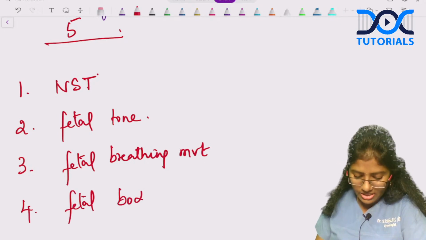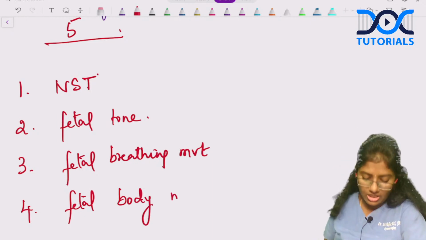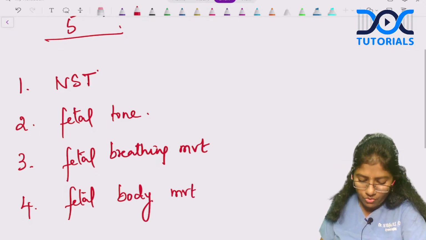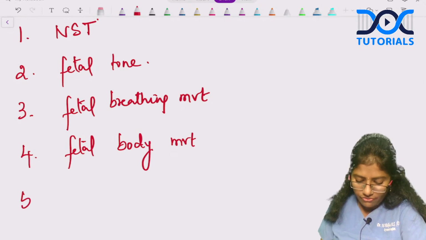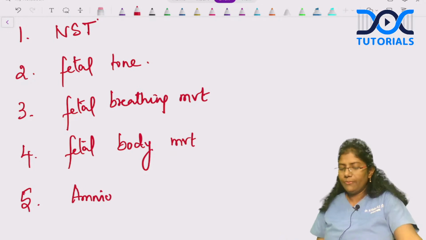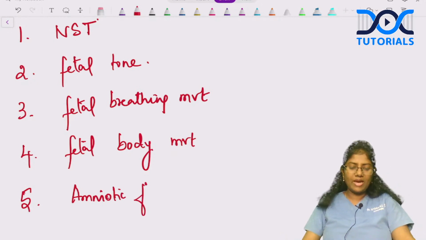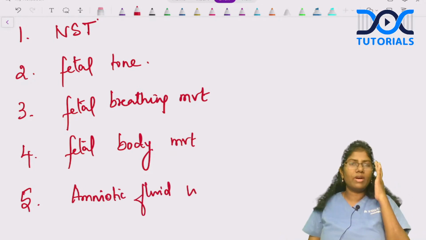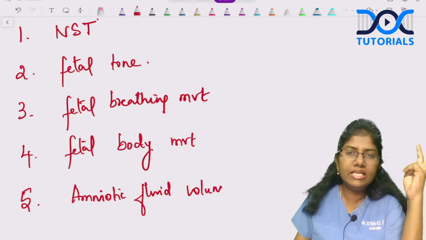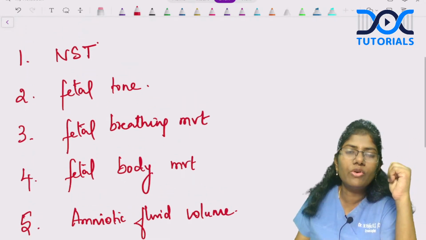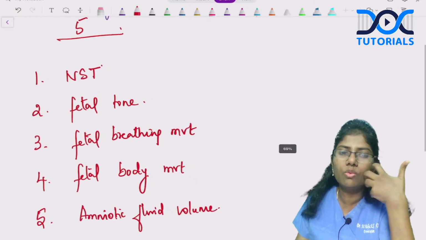And number 5 is amniotic fluid volume. So we have 5 important parameters under biophysical profile: NST, fetal tone, fetal breathing movement, fetal body movement, and amniotic fluid volume.